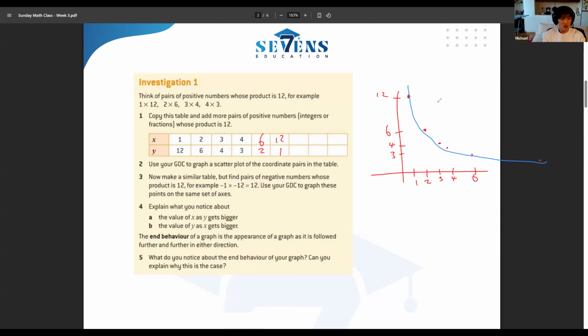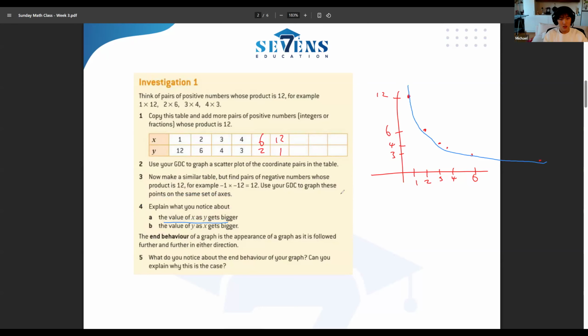And what does this say? Explain what you notice about the value of x as y gets bigger. Adriana, look at this question. As y gets bigger, x gets smaller.